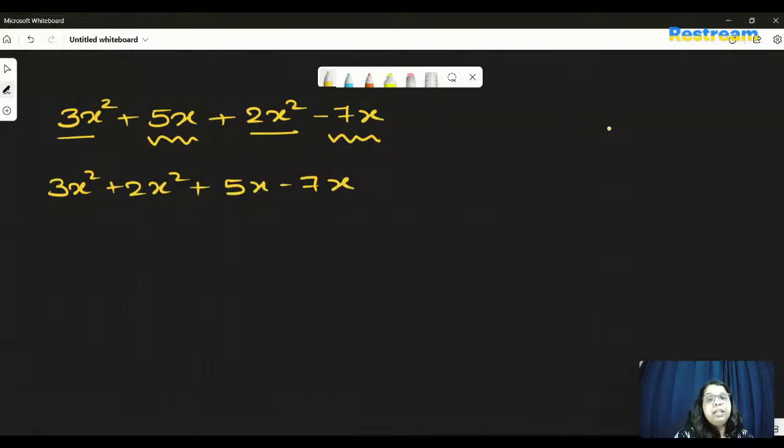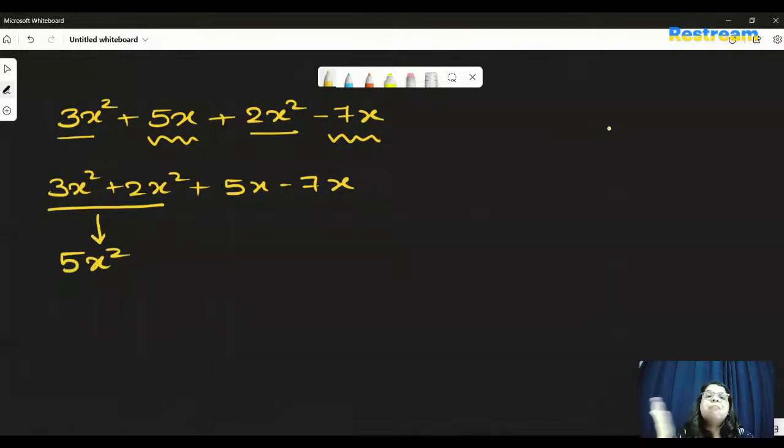Now when we are entering into algebra, you have to remember one thing: the rules that you have learned in arithmetic, the addition rules, the subtraction rules, the multiplication and division rules, they still remain the same. Only on top of that there is going to be a variable. So 3x² plus 2x² is like adding 3 plus 2. This is going to give you 5x².